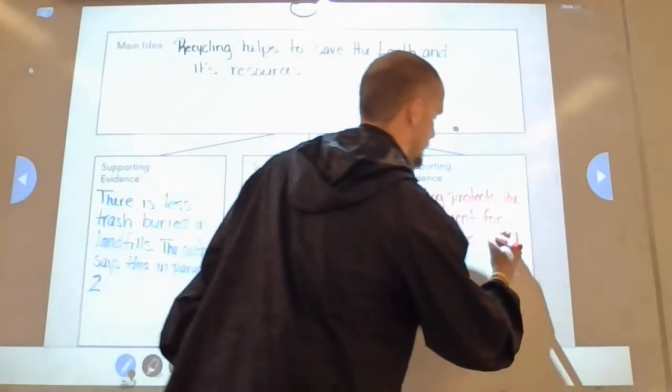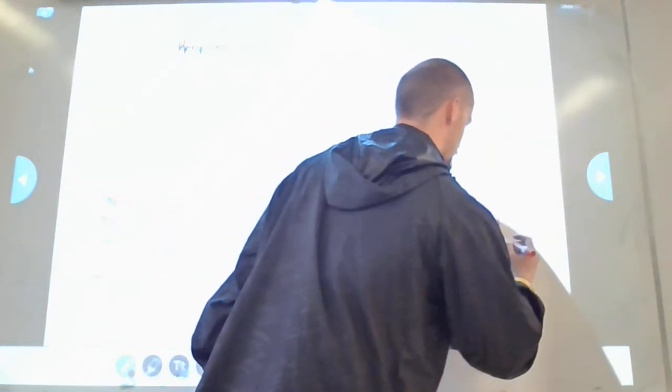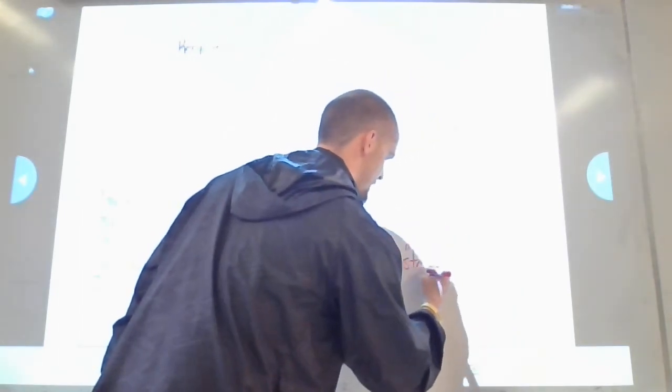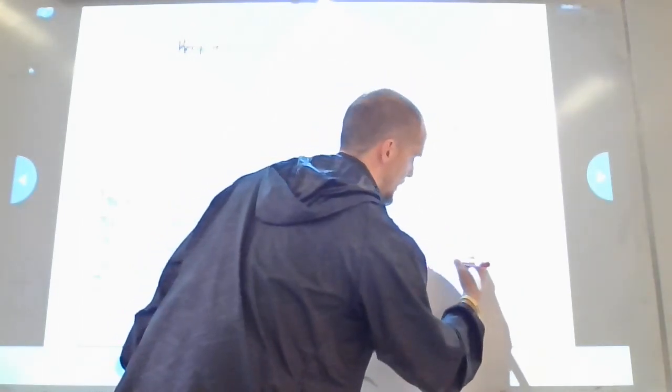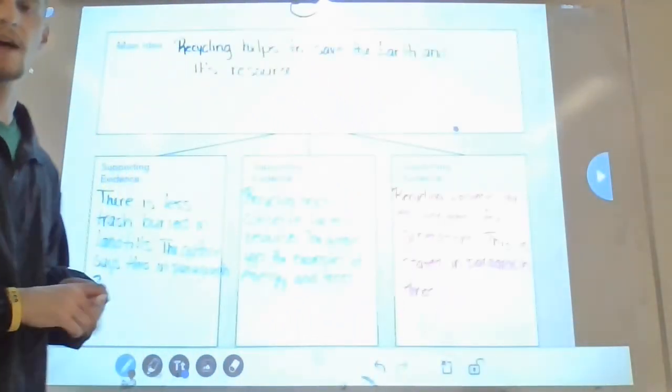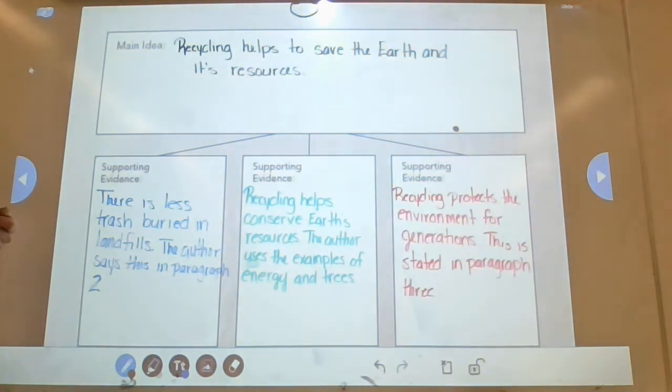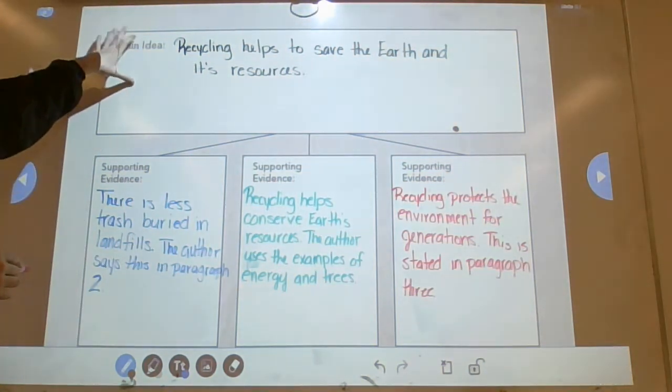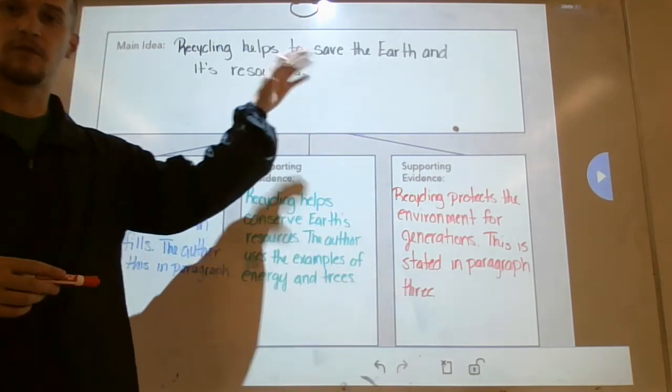Recycling protects the environment for generations. This is stated in paragraph 3. All right? And so what you have, a main idea, and 3 supporting evidences for that main idea.